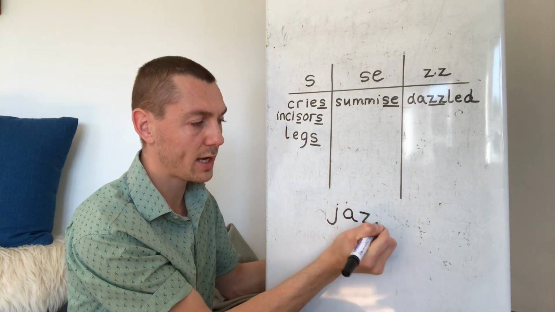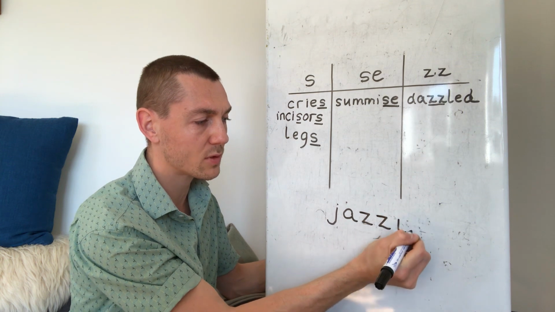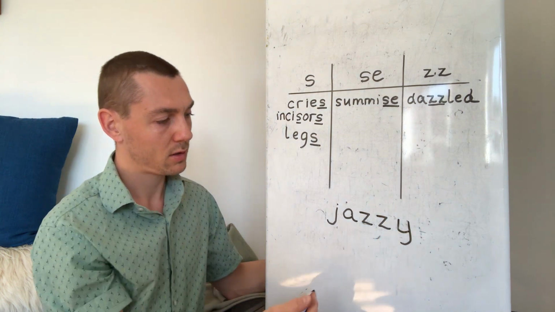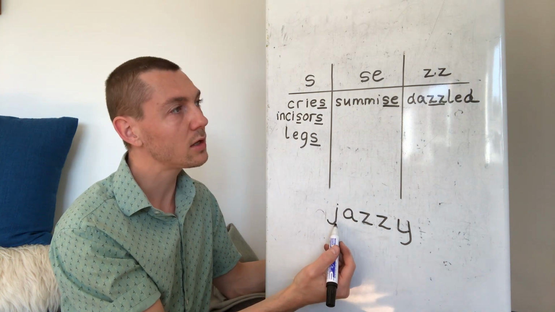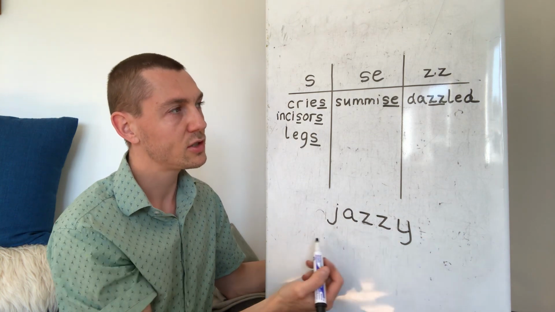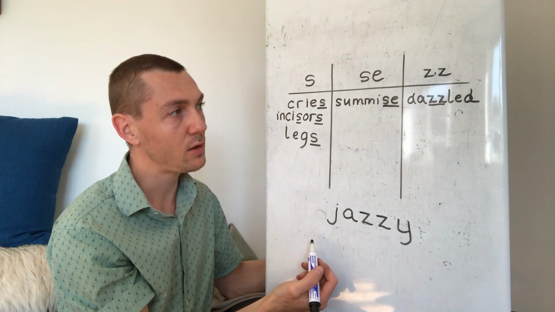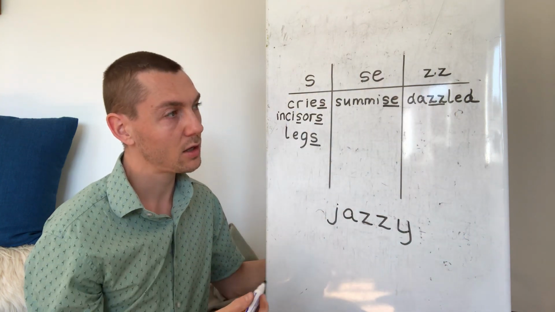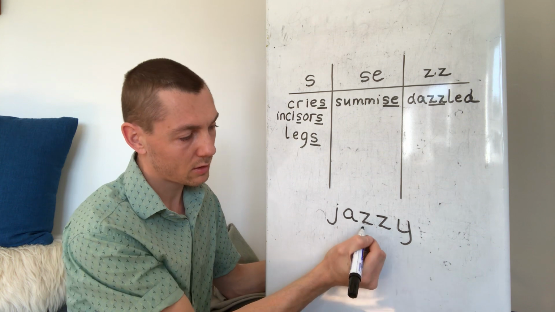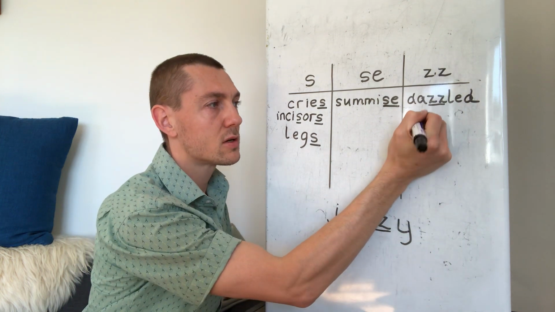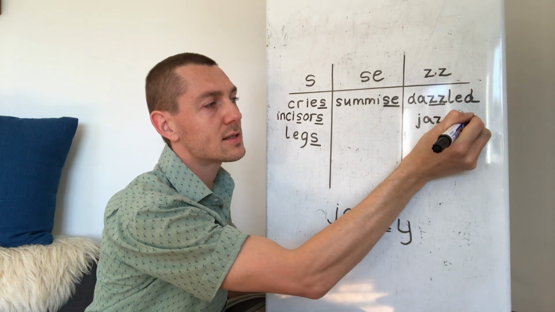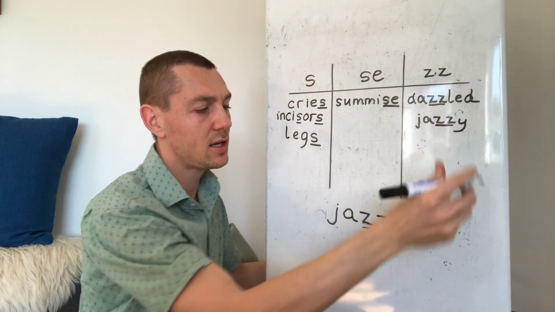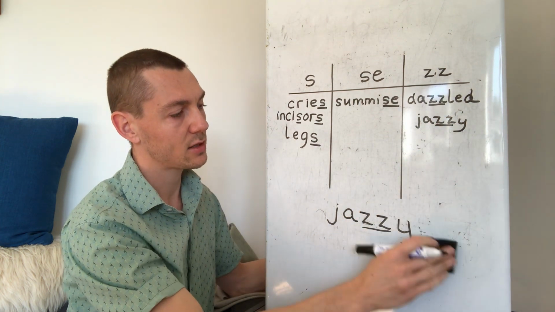I'm going a bit quicker now, but up to you to pause if you need more time, okay? After three, the word is one, two, three. Jazzy, good. Over to you. Where does that need to be? Good. We say j, a, ja, z, jazzy, jazzy.